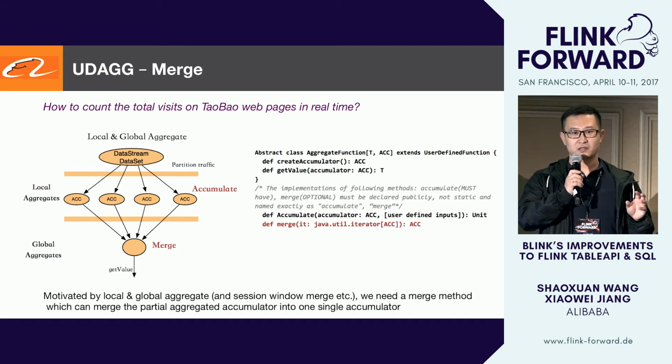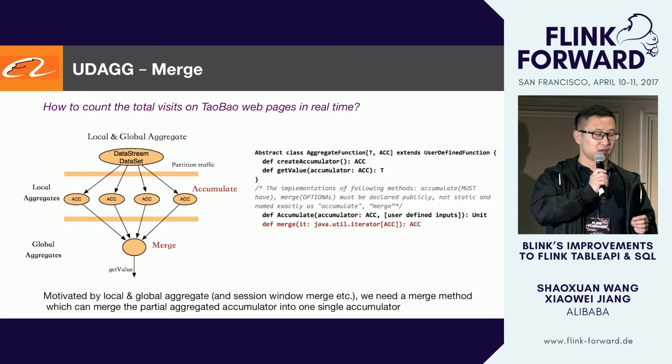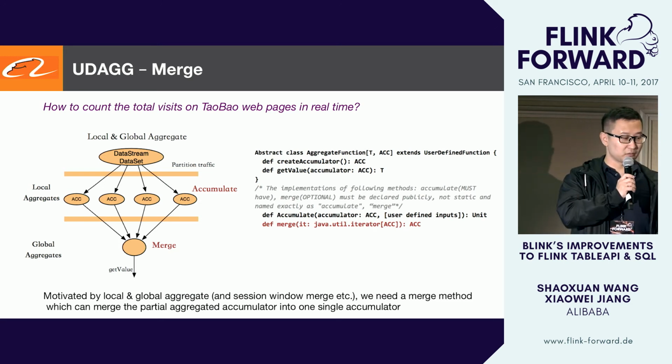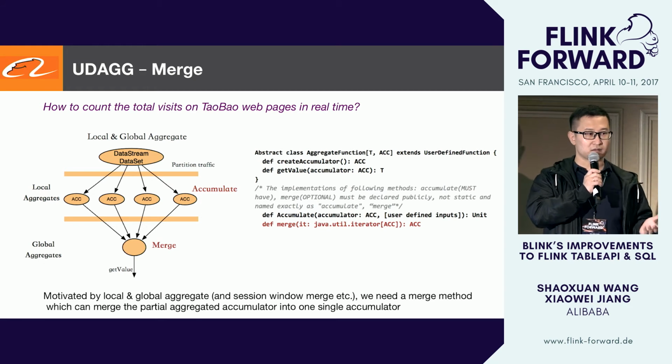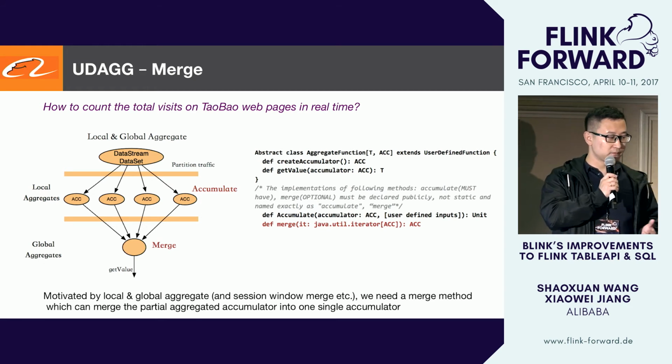At the second stage, we merge those accumulators into one single accumulator, and then you can get the value from that accumulator. So the interface of merge is that you have a collection of accumulators, and the output is just an accumulator.